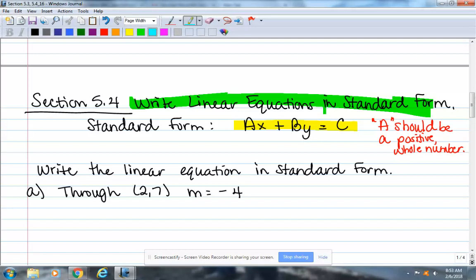They could be 1, so you might not see an A or a B. But specifically, A needs to be a positive whole number. A cannot be negative, and A cannot be a fraction or a decimal. So A should be a positive whole number.